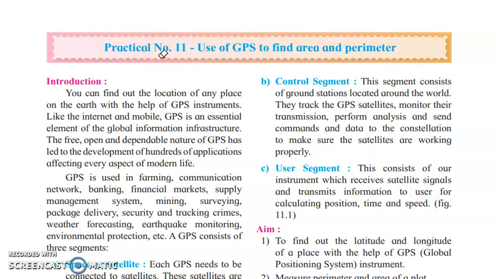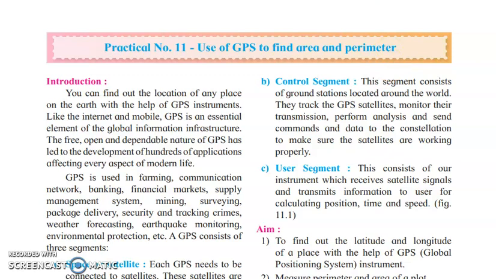So what is GPS? GPS is going to tell you the location of any place. To find out the location of any place on the earth, you require a GPS instrument. Like the internet and mobile, GPS is also an essential element of the global information infrastructure. The free, open and dependable nature of GPS has led to the development of hundreds of applications affecting every aspect of modern life.